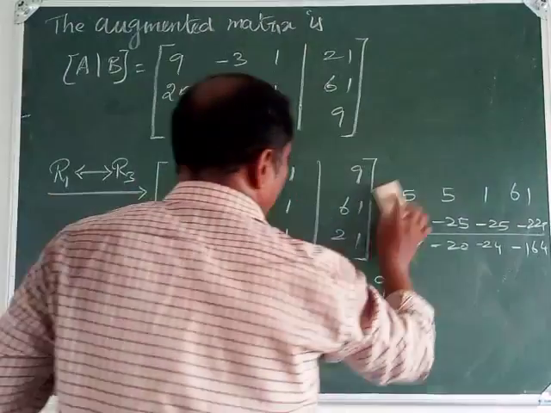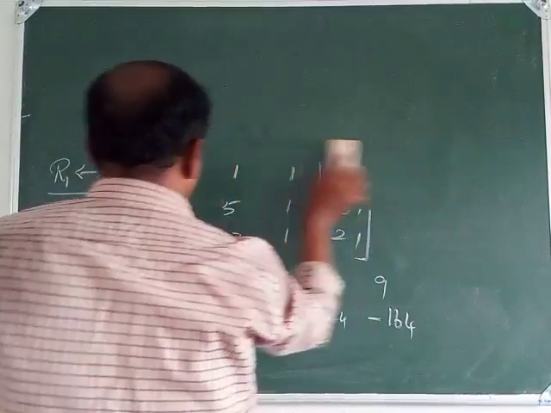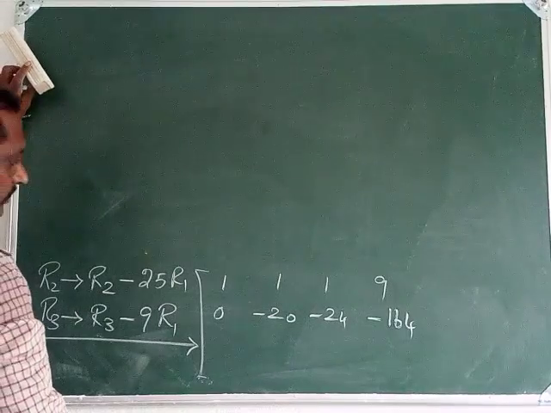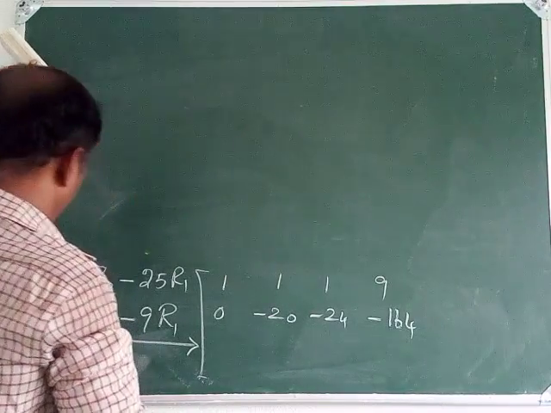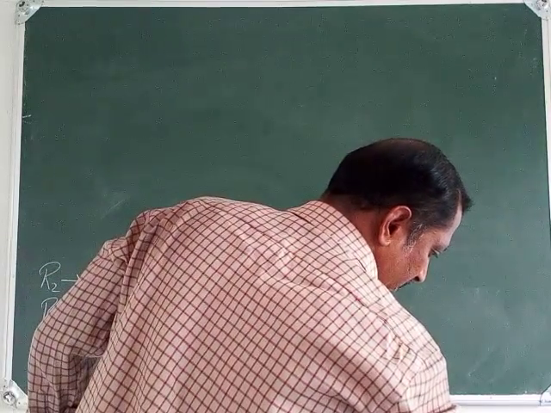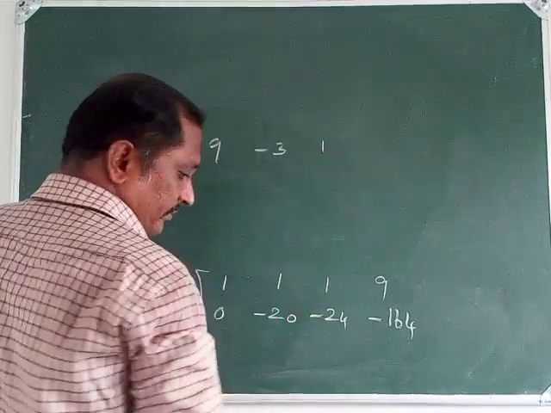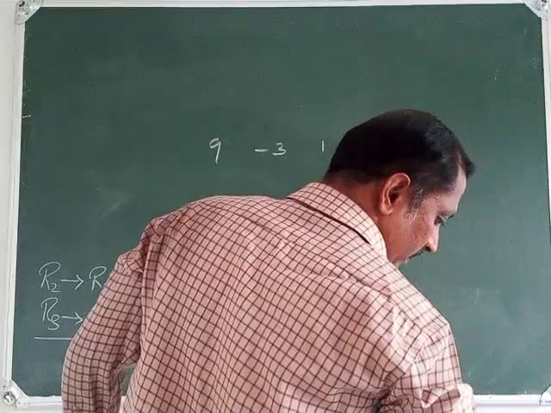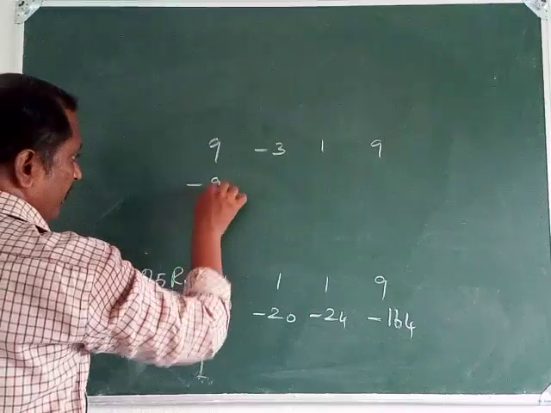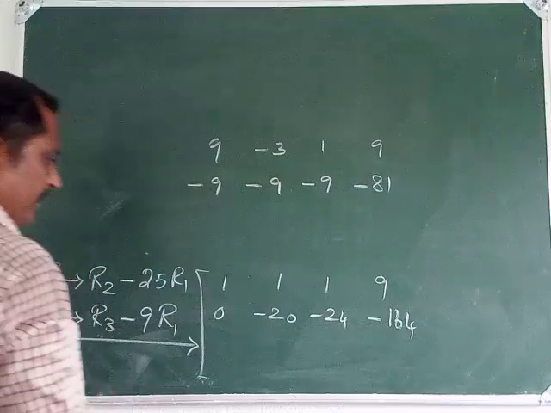And the third row operation is third row minus 9 times the first row. Third row is 9, minus 3, 1, and the last one is 21. The first row is multiplied by minus 9, we get minus 9, minus 9, minus 9, minus 81.